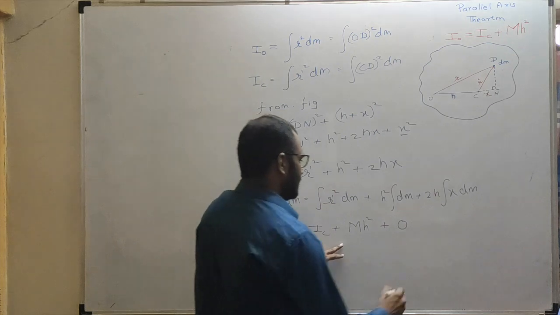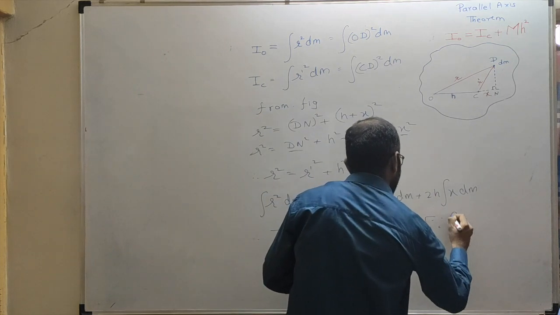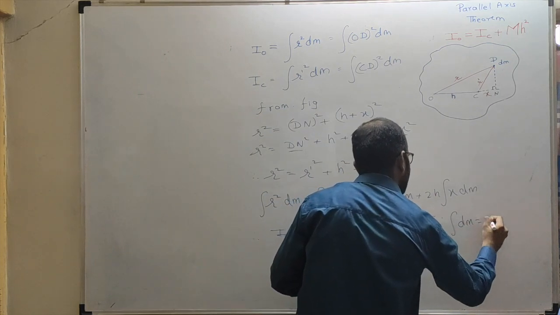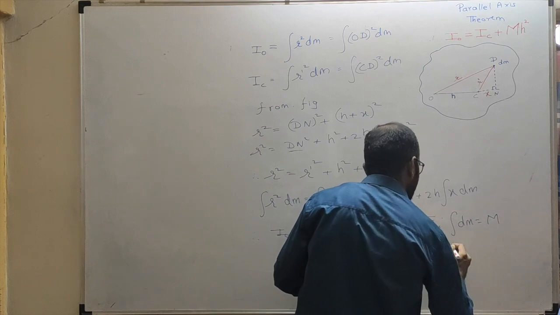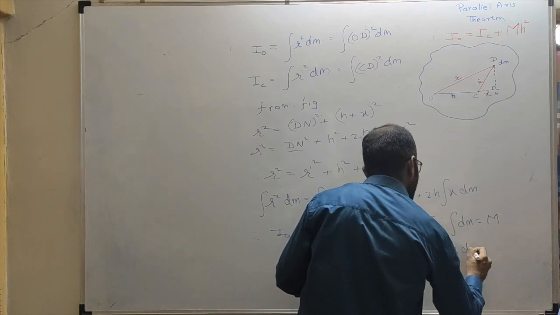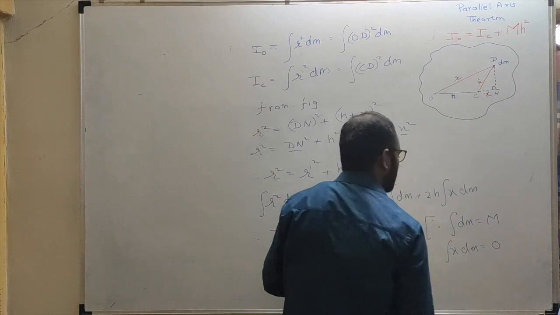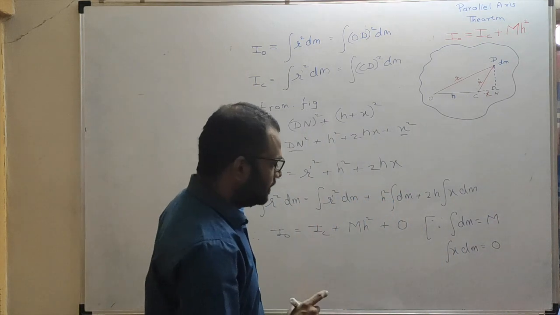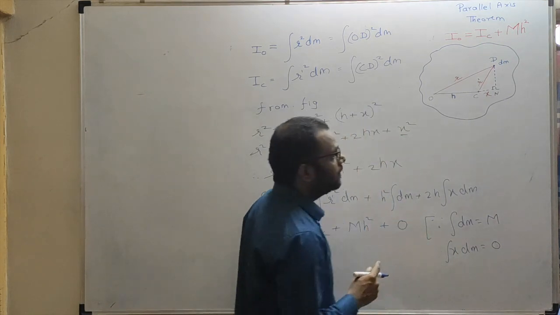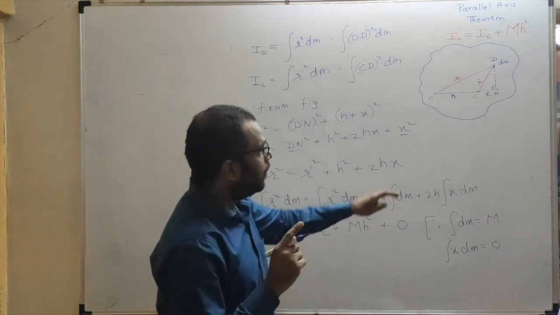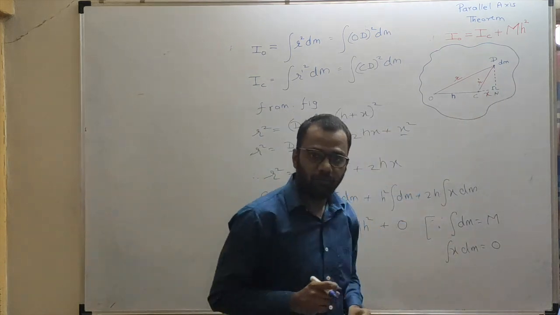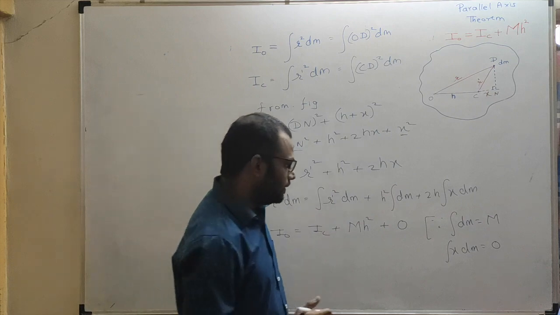Now in the bracket you can write down, since integration of dm is nothing but capital M, mass of the entire body, integration of x dm is equal to 0. Why? Because C lies on the axis passing through the center of mass, right?